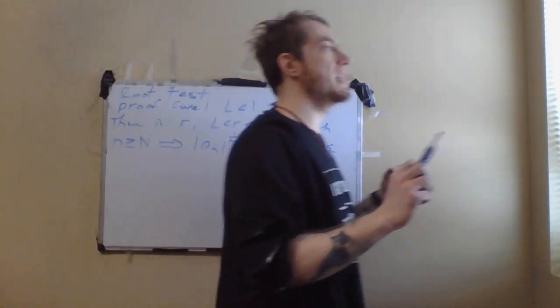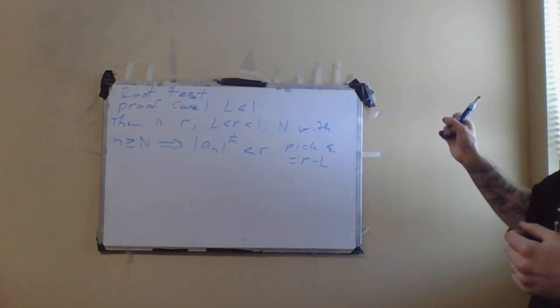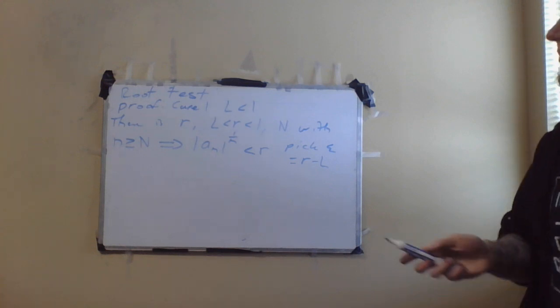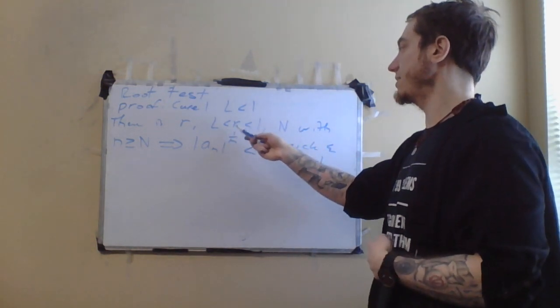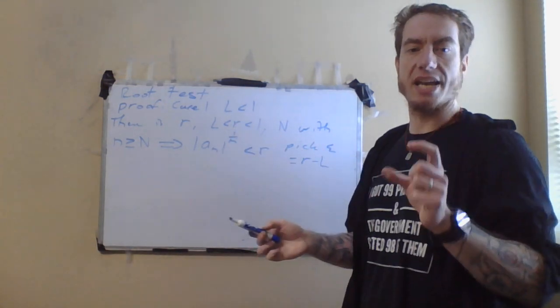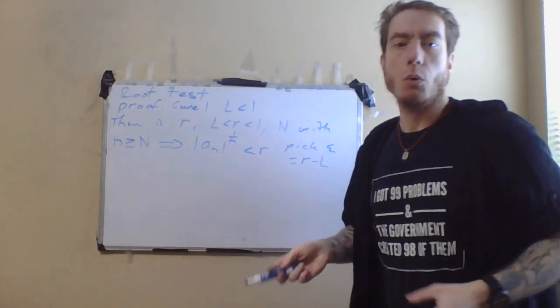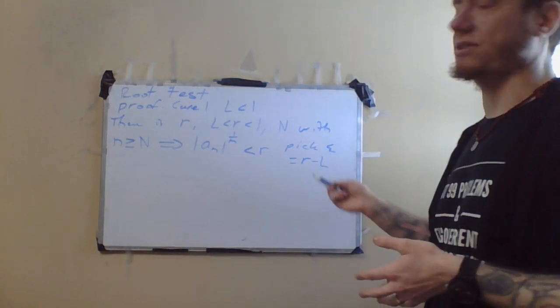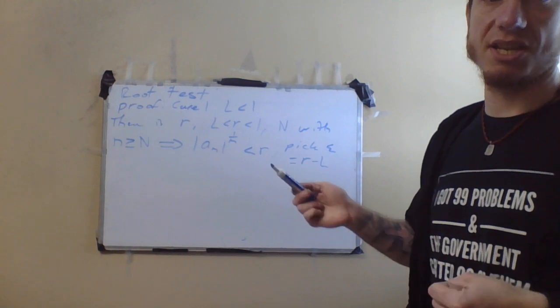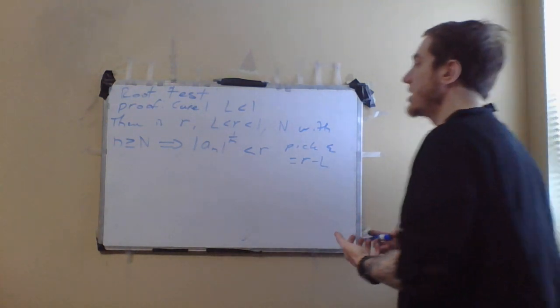This is a standard kind of argument that people make all the time. If our limit is L, then we can get sufficiently close to L. That means if L is less than R, eventually everything has to be less than R. Well, at this point, maybe you can see where I'm going with this. You may even want to see if you can finish off the proof yourselves if you're feeling particularly ambitious.